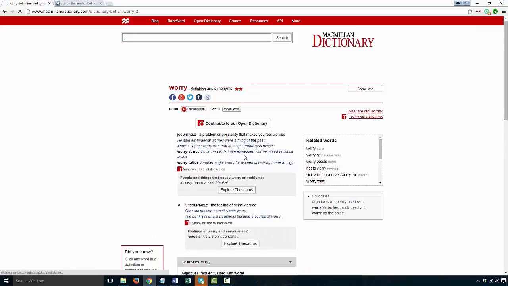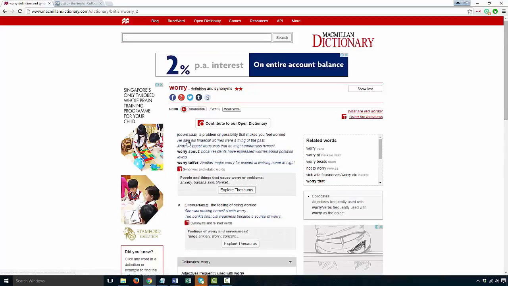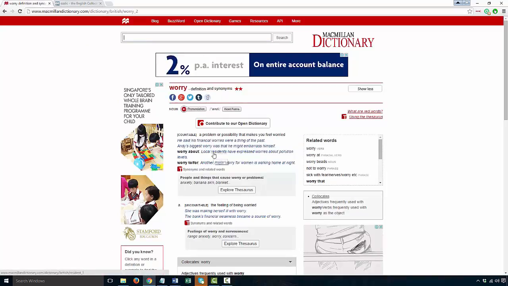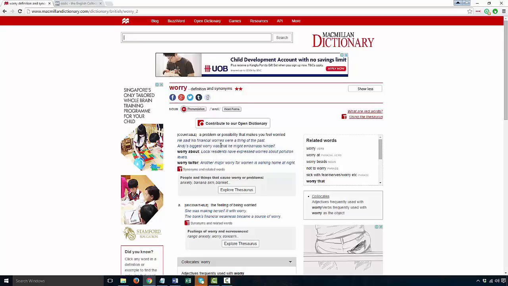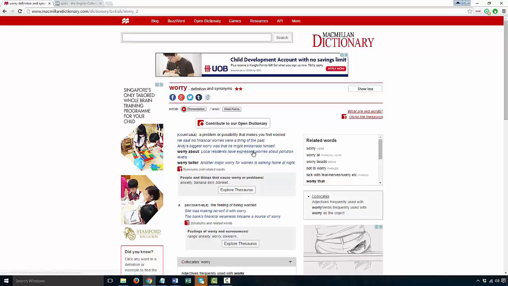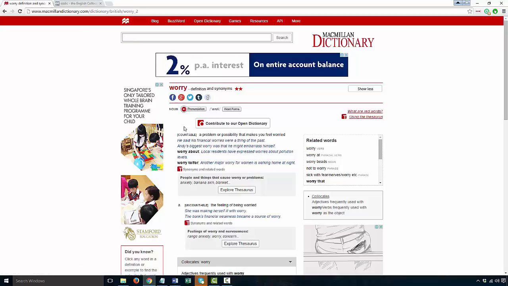This is Macmillan Dictionary, a normal dictionary. This is not Ozdic. Later we'll go to Ozdic. But sometimes, just going through this normal dictionary, it tells you how you can use it, and maybe they'll also give you some clues about verbs that can come before this noun worry.